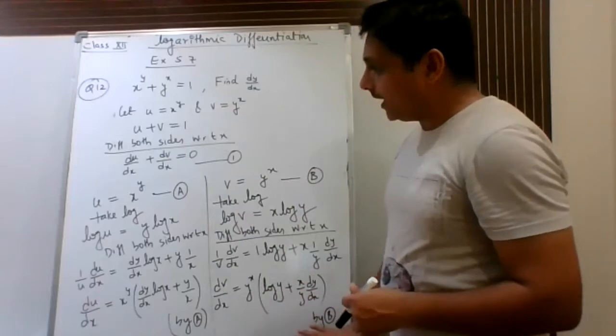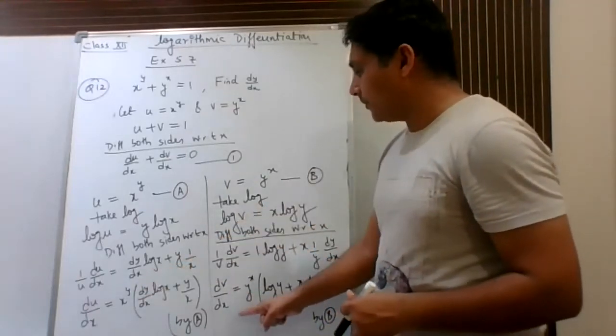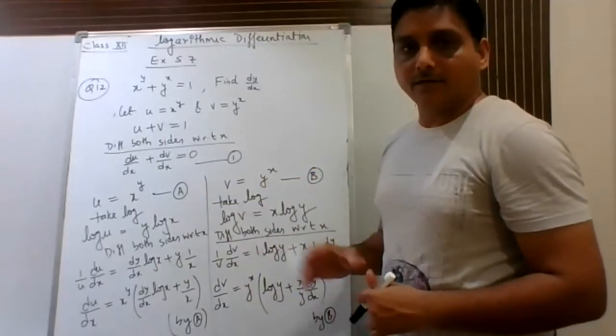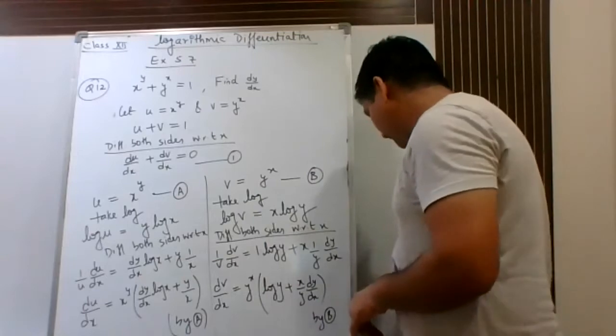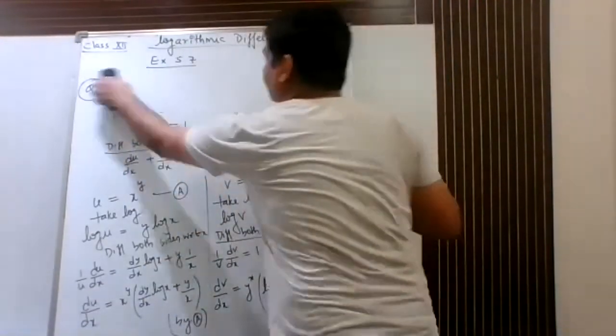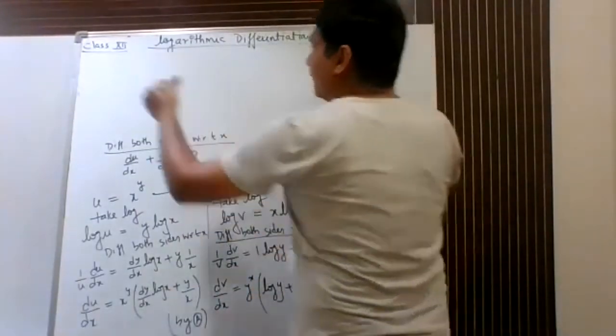Now finally what we have to do is, we have to put the value of du upon dx and dv upon dx in number 1. And then we will try to get the final answer. So you can see here. Let me put the values in number 1.